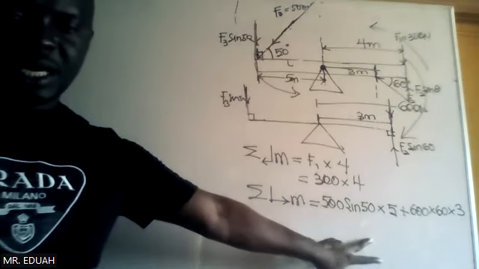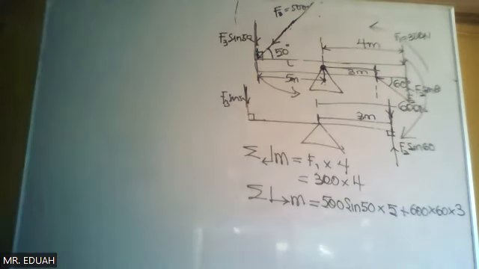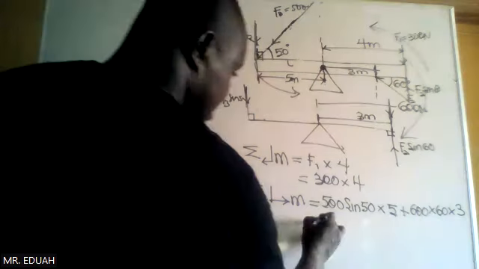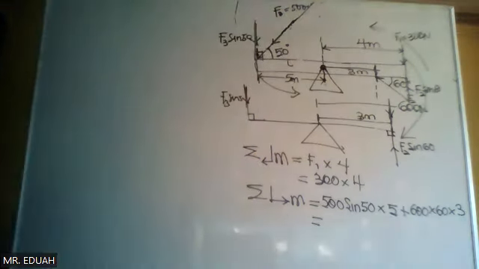Plus, are we okay here? Yes, please. Okay, so let's find the values. What is 500 times sine 50 times 5?